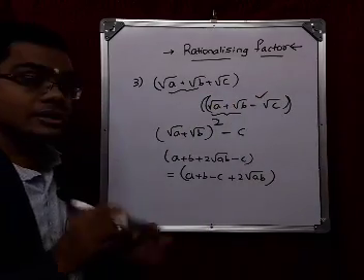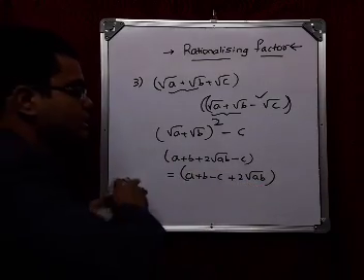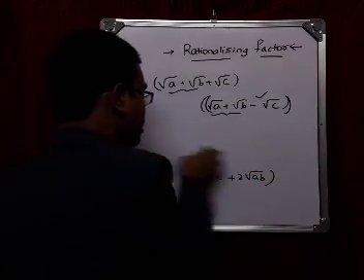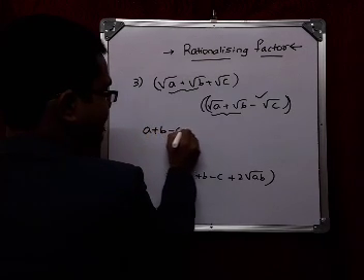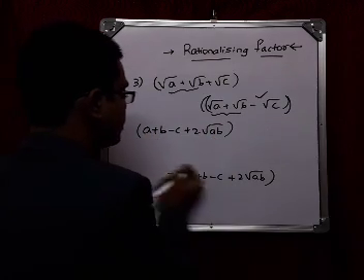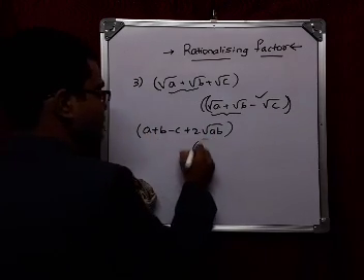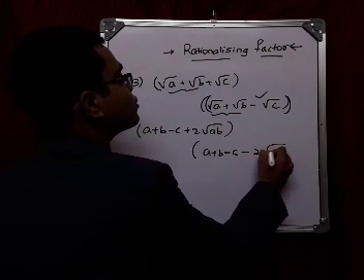Now this is not a rational number because 2 root ab is left out. We can multiply this one more with... see, we are getting the answer as a plus b minus c, sorry for that, plus 2 root ab. We need to get a rational number, so still we can multiply this with a plus b minus c minus 2 root ab.